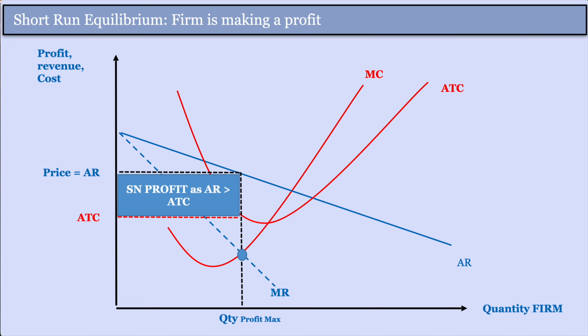But because of freedom of entry and exit, other firms are going to enter the market because they can see the supernormal profit being earned. Unlike perfect competition, where the supply curve in the market would rise and therefore the price would fall, in this situation we argue that each individual firm, because this is the quantity of any one firm down here, is going to receive a slightly lower demand in the market.